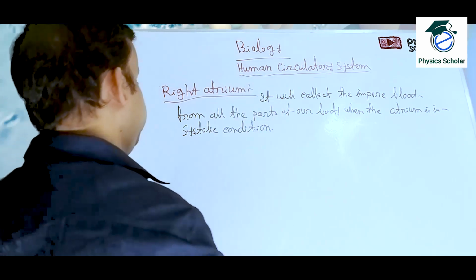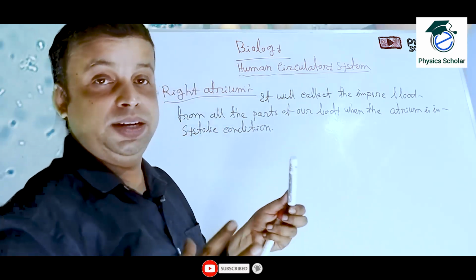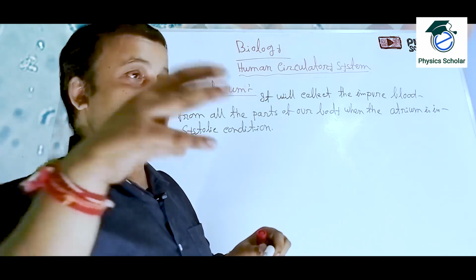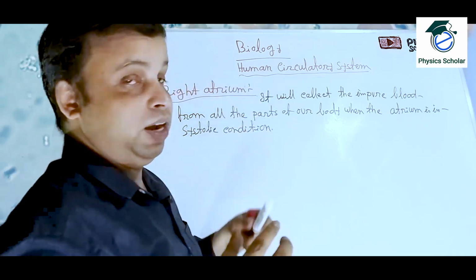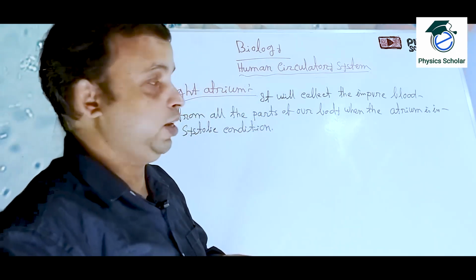When the atrium is in systolic condition, that means what? The pressure of the blood inside the atrium will be decreased. So all the impure blood, in case of the right atrium, will come and enter the atrium.